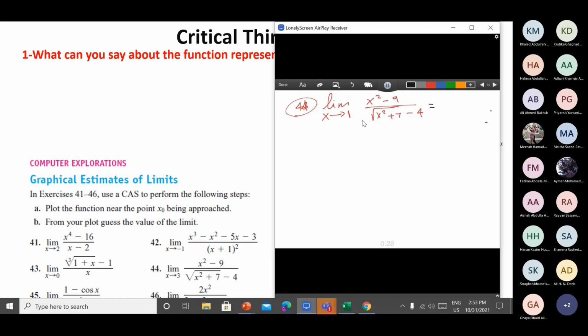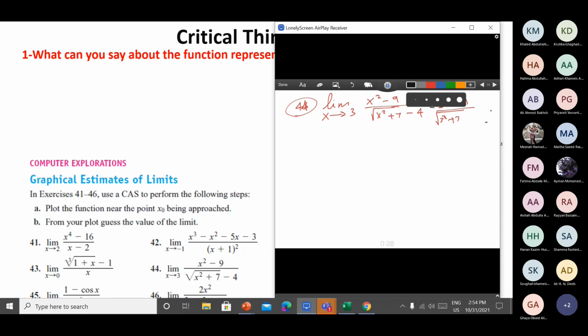Now if I substitute by x equal to 1, so I have 1 minus 9, right? Doctor, it's not 1, it's 3 in the question. Oh, sorry, it's 3. As my eyes, I cannot see. Okay, 3, right? So I have 3 square minus 9 over 3 square plus 7 under the root square.